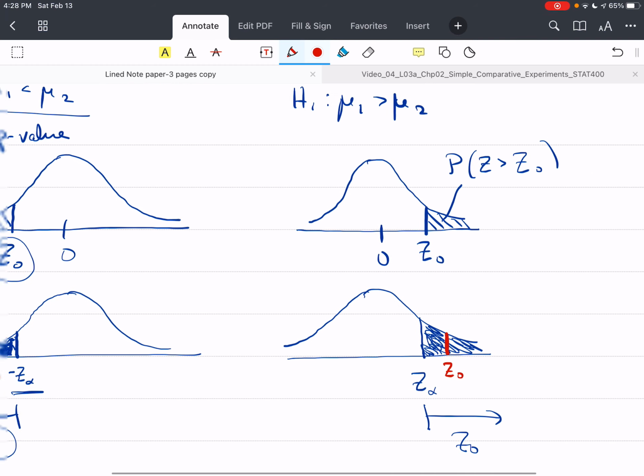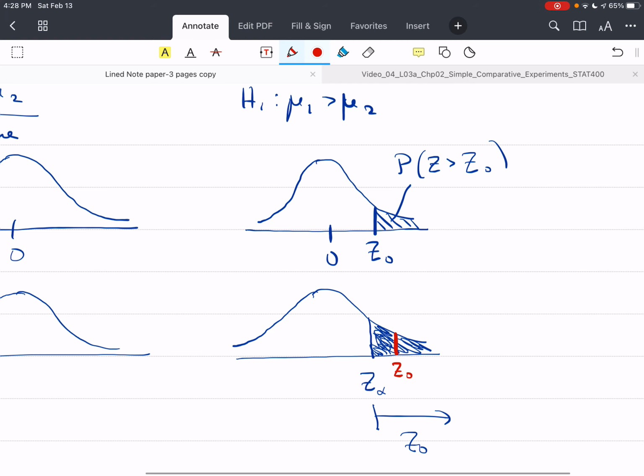Now, what about the alternative when mu1 is greater than mu2? In that case, we expect y1 bar to be greater than y2 bar in practice, and so that would make our test statistic positive. Under the null, again, the test statistic should be close to 0. So under this claim, the test statistic should be very positive. Before, we said that the area to the right of z sub alpha, above it, is alpha.